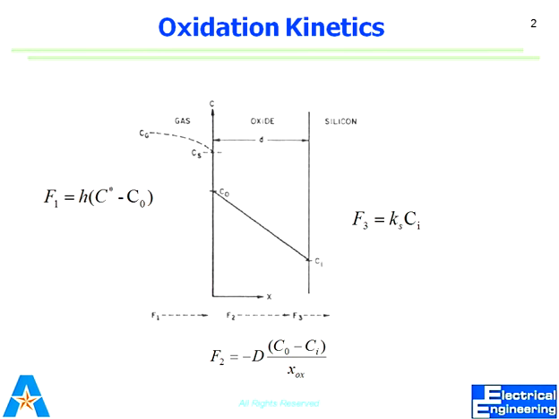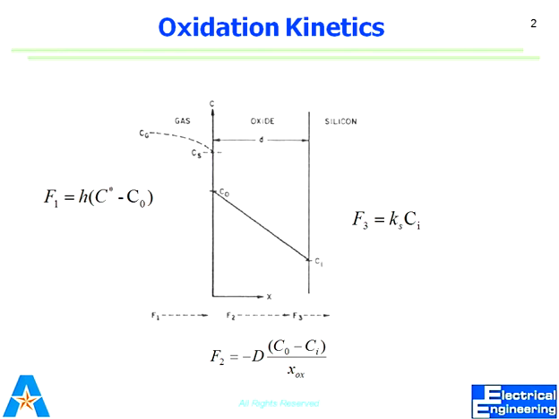This is the diffusion coefficient and this is the rate of change of the concentration. So F2 is depending upon the diffusion, F1 is depending upon the gradient. F2 depends upon diffusion. What do you think about F3?